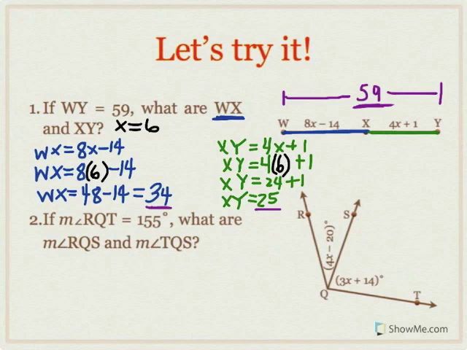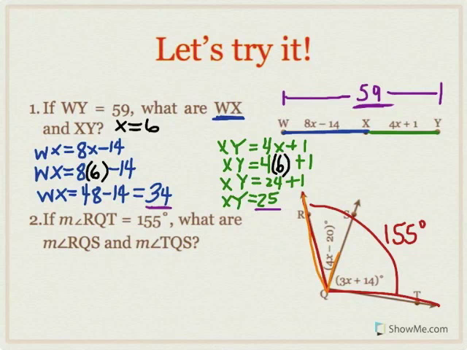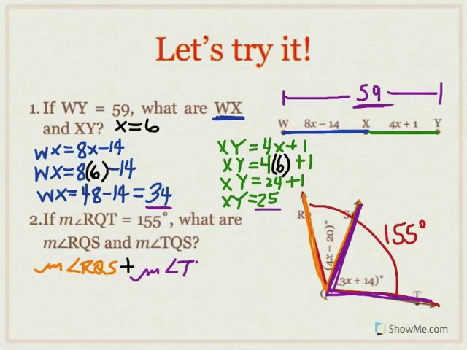We are told the measure of angle RQT is 155 degrees. So we are going to use the angle addition postulate, and we're going to take the measure of angle RQS, and we're going to add that to the measure of angle TQS. And of course, that will give us the measure of angle RQT.